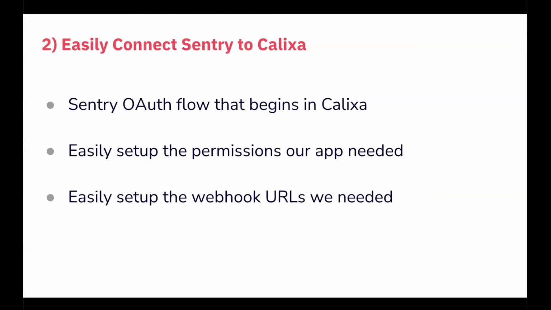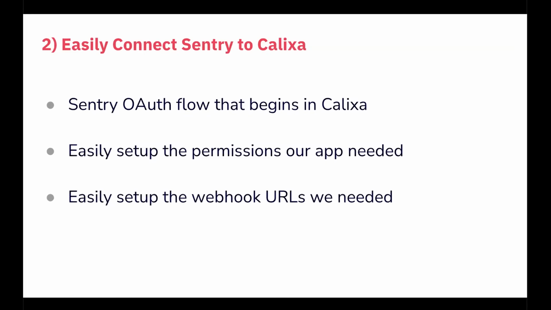Thing two, we wanted to easily connect between Sentry and Calixa. Awesome, they have that as well. These OAuth flows let us easily set up the integration from either side, an easy way for an account to grant permissions, right? For OAuth, you need to define what scope the application has access to, and you grant that to a vendor like us, and then it lets us set up the URLs on your behalf.